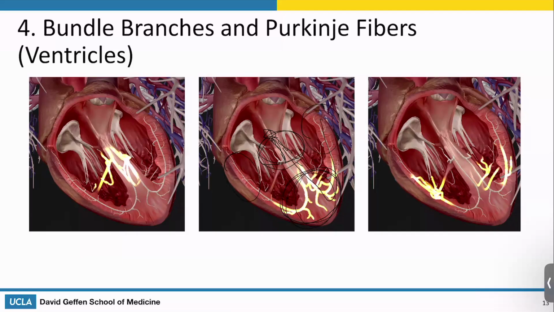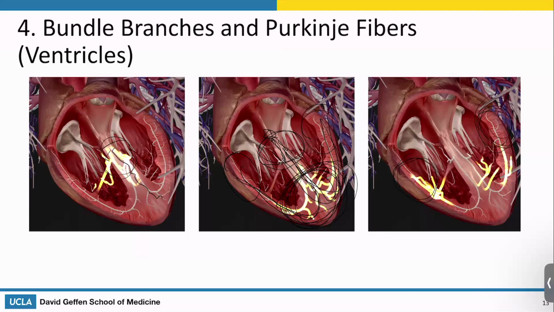So it's going to go from here down, then starting to depolarize this area, and then it's going to spread out into these two areas. So this is the interventricular septum, major ventricular depolarization, and then basilar depolarization.